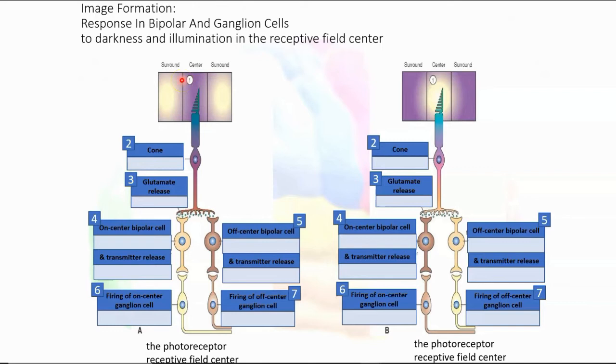The circuit that processes the sensory input from vision is called the on and off pathway. The on and off processing originates at the first retinal synapse between photoreceptors and bipolar cells.